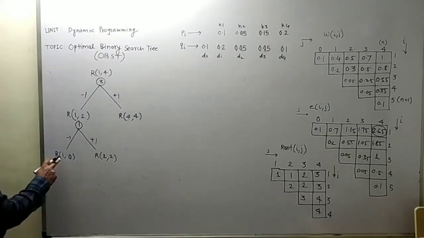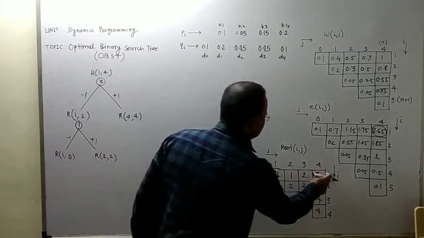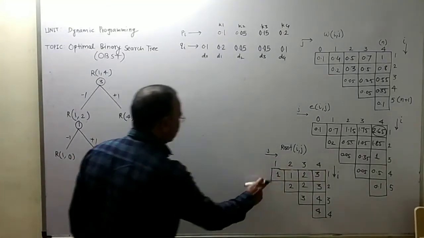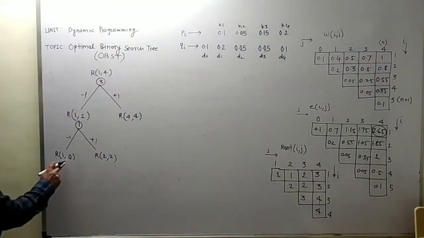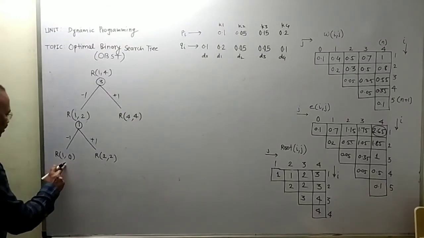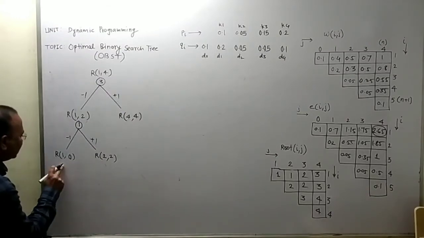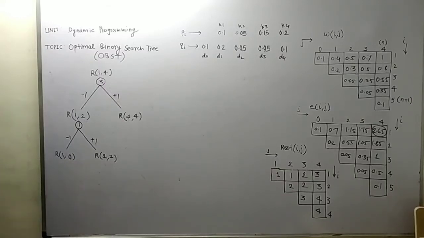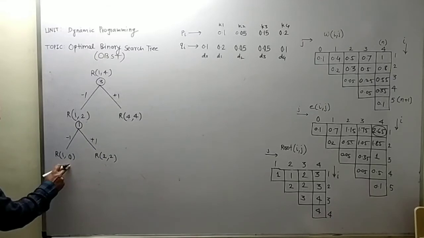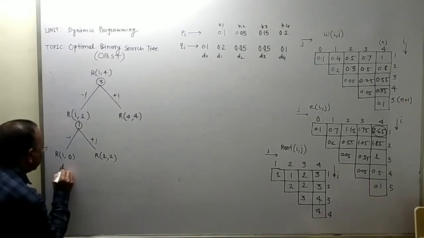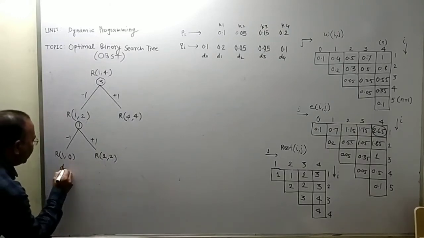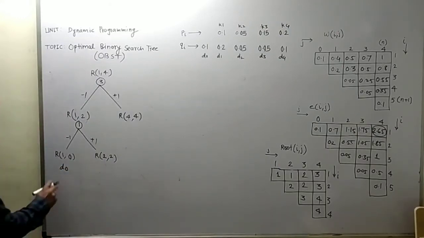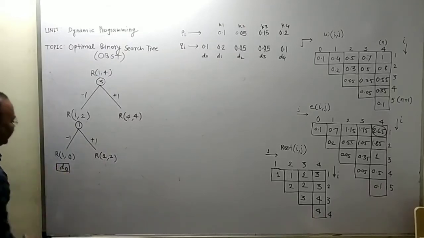Then find out the value at the cell 1 0. There is no 1 0 cell. That's why we have to stop the processing at this place. Once it is stopped, we get the dummy keys. We have already discussed that dummy keys are always at the leaf node. That is D, j is 0, D0. And it is represented using a rectangle.